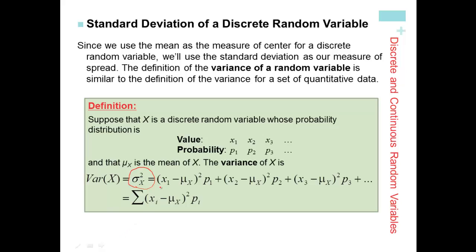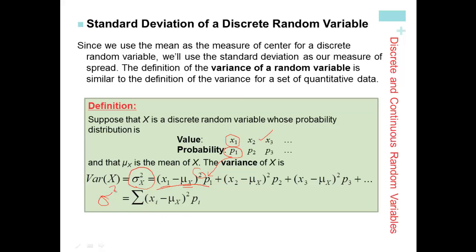And it's equal to taking each individual observation, subtracting the mean that we've calculated, squaring that, multiplying it by the probability for that single value, and doing that for every outcome from our random variable, and adding those together.